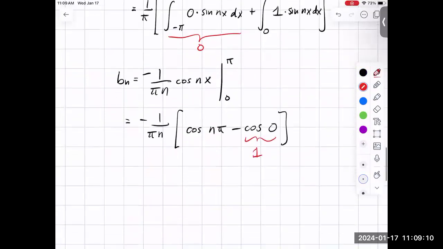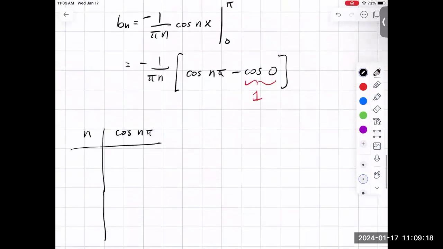And let's see, cos of n pi, let's just make a little table. So if n equals 1, we get cos of pi, which is minus 1. If n equals 2, we get cos of 2 pi, which is plus 1. And then we're just going to get this alternating plus minus 1.